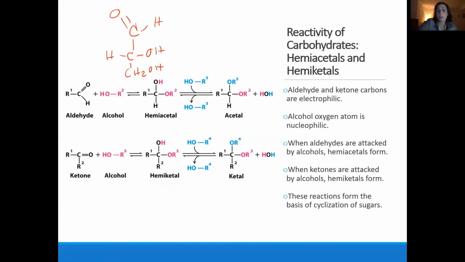Remember that we talked about sugars either having an aldehyde top or a ketone top. And that is key for this reaction.